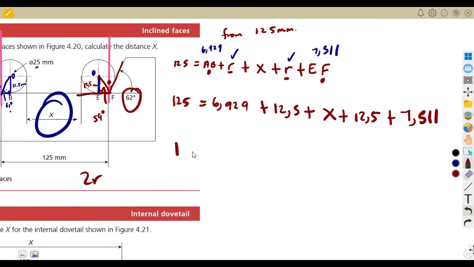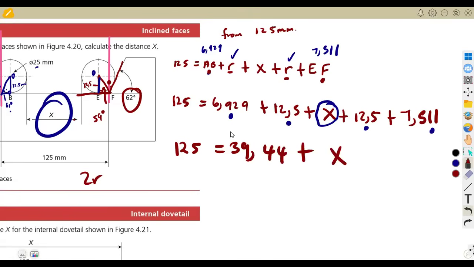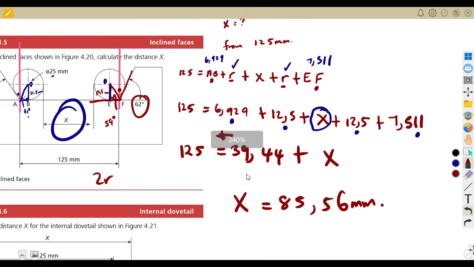So that's it, guys. We are going to add everything there, this one, add to this, add to this, add to this, and you remain with X. You're going to obtain 39,44 plus X. So to find X, simply transpose this to the other end. It becomes a negative. So X at the end is going to give us 85,56 if you subtract properly.